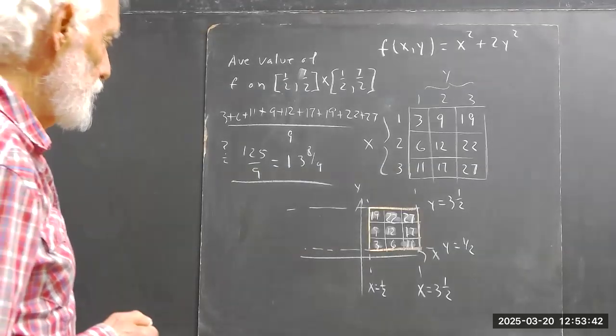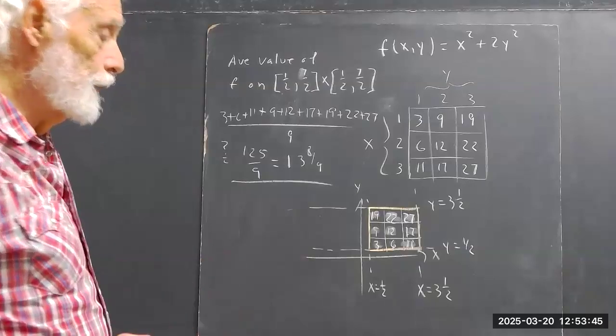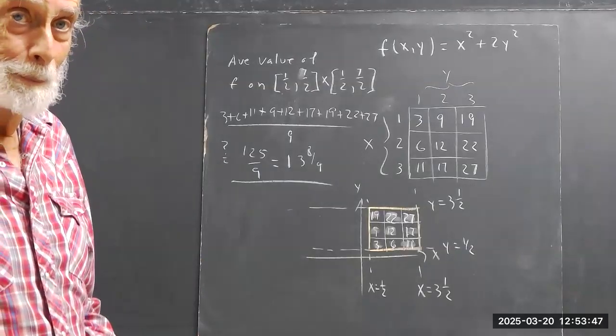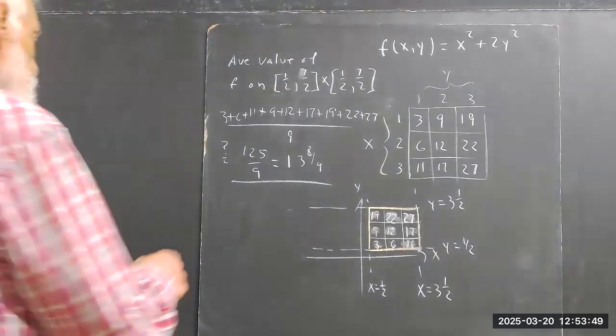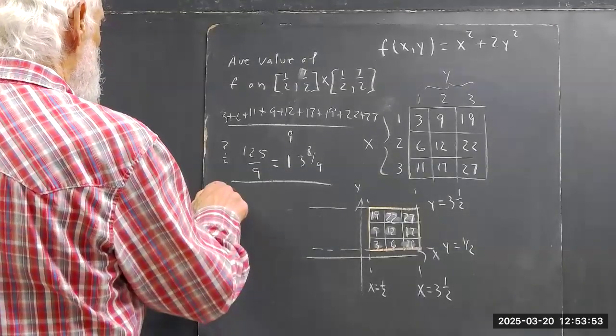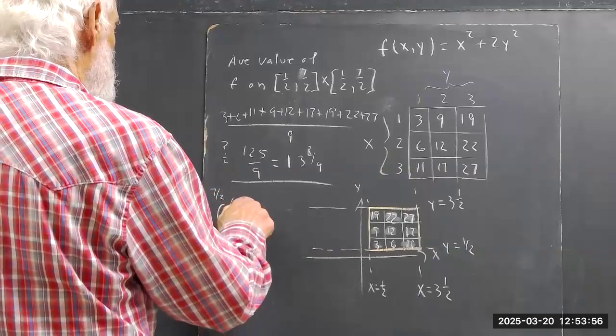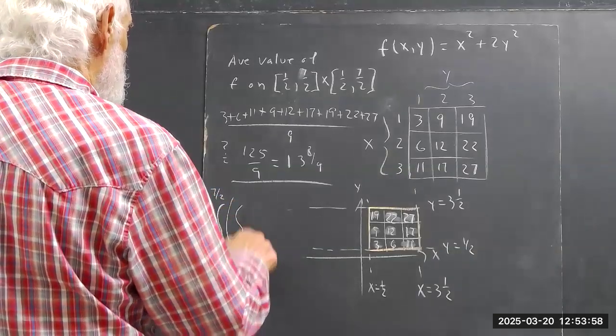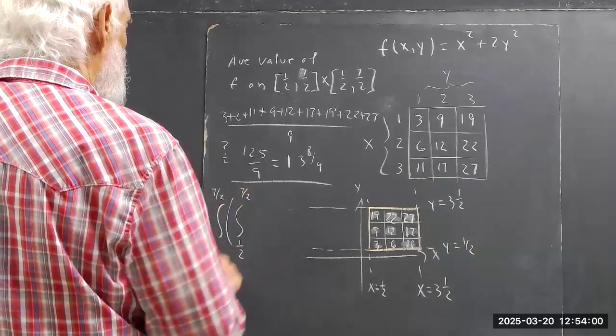I'm just going to cut to an integral with which we can get the actual average. Okay. So here's what the integral looks like. Then I'll explain a little bit about it.